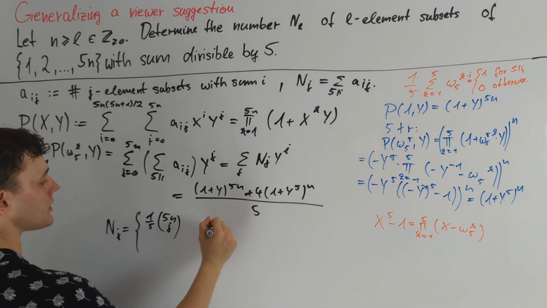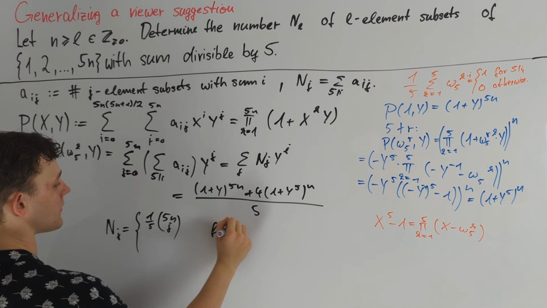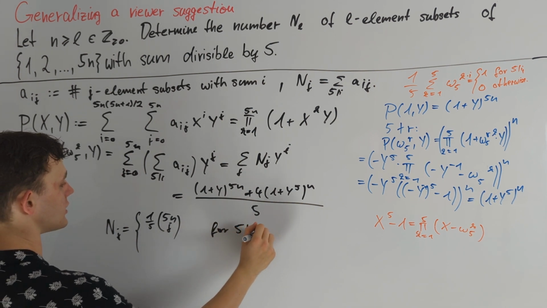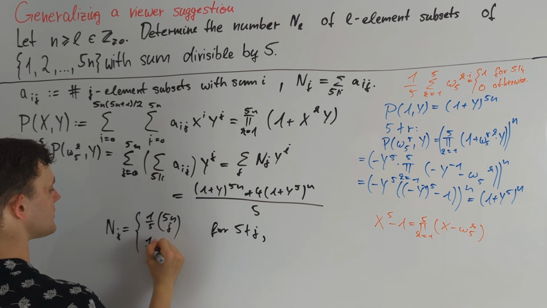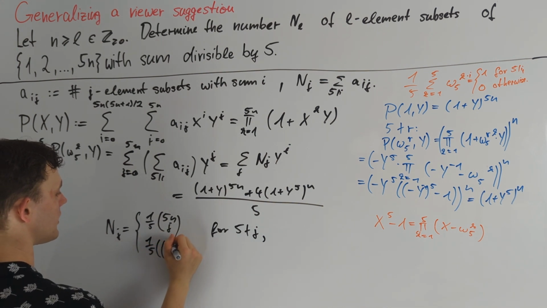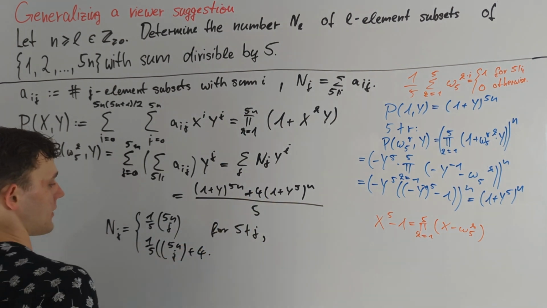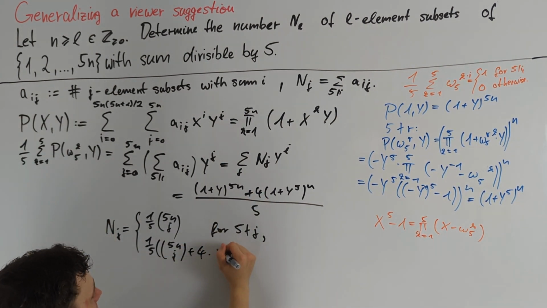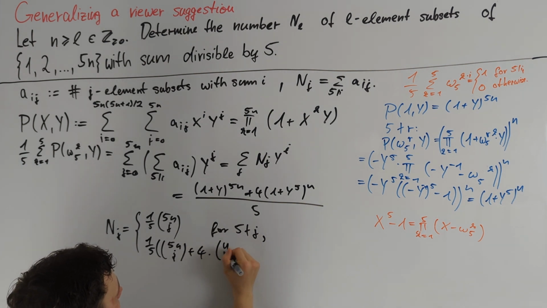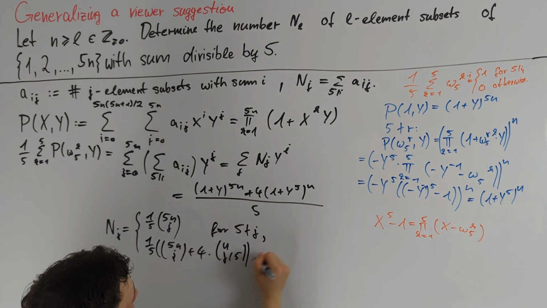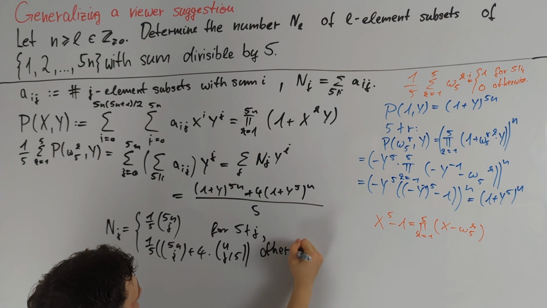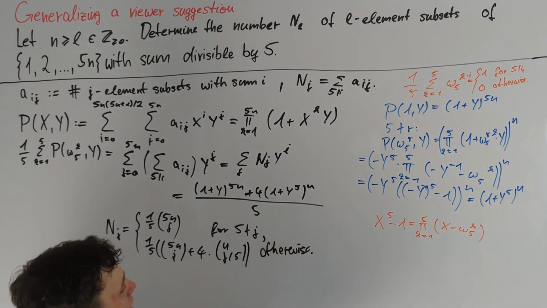So this is for 5 does not divide j. And otherwise, we get the same first summand. And moreover, we get 4 divided by 5, 4/5, times (n choose j/5). And this is our final answer, and therefore we are done.